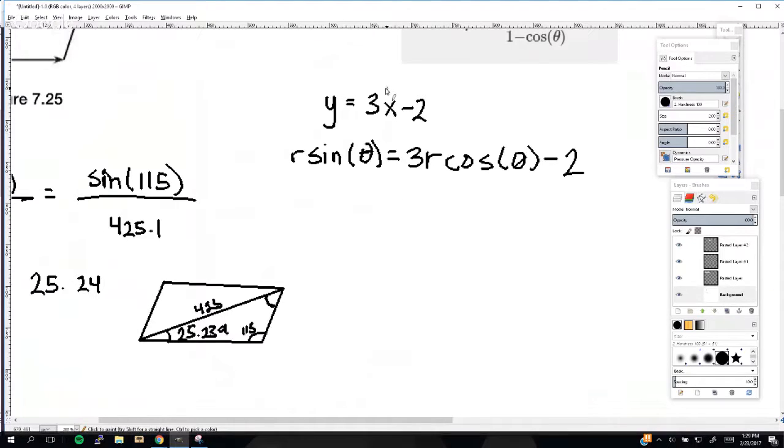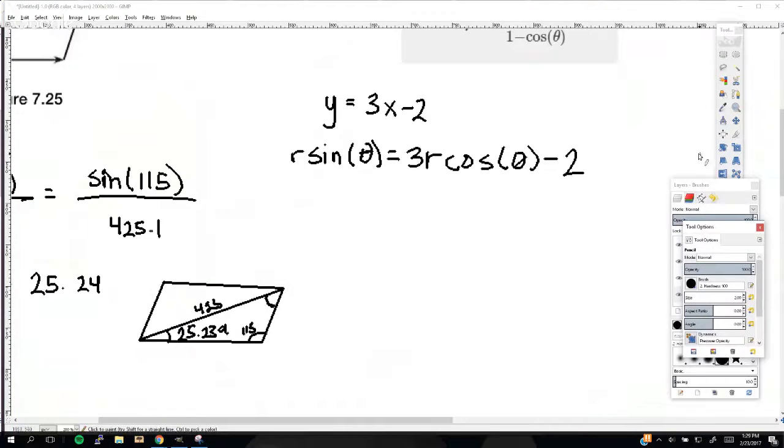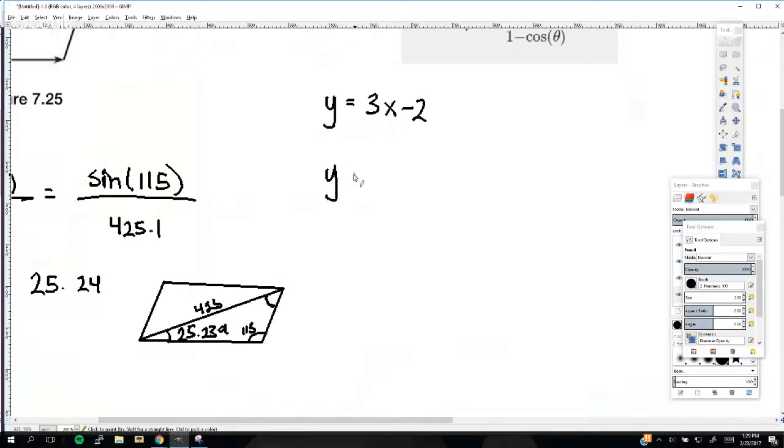Yeah. The way that I was doing it, and this isn't quite right because obviously I didn't get what he got, was I brought over the negative 3x, that's what I'm thinking we need to do too, and then that was still negative 2.